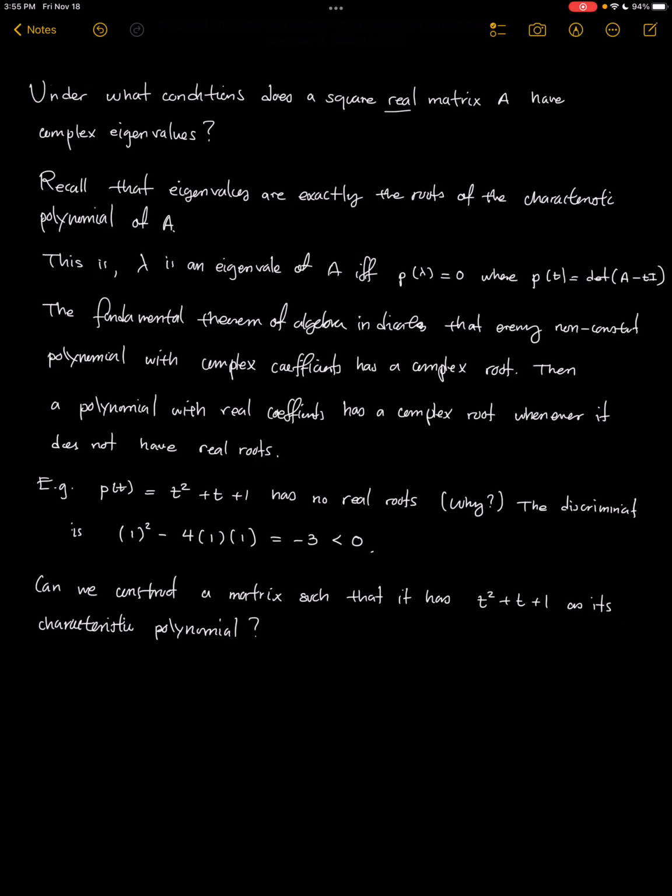That way we will provide at least an example of a matrix with real entries that has no real eigenvalues, but it does possess complex eigenvalues. So how can we proceed?